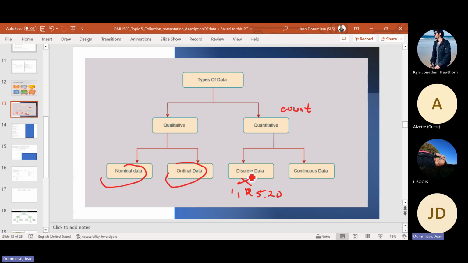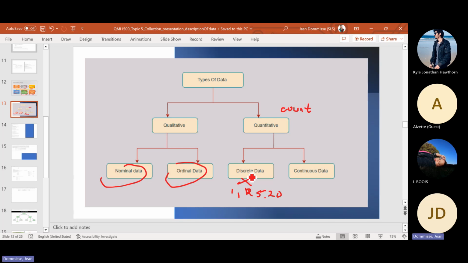Continuous data, I think that is also important. They can still ask you height, but they can say, what is the difference in height of the students in the class? Sure, that can be anything.